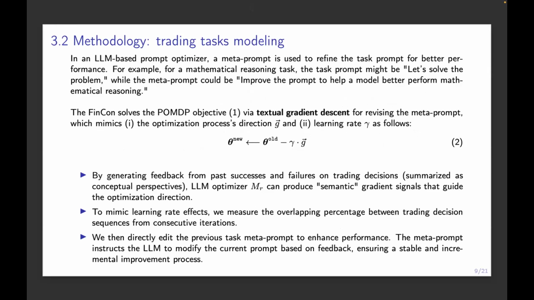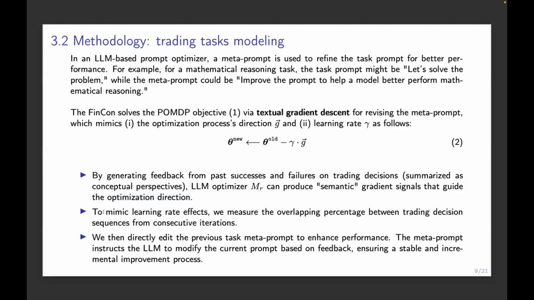Firstly, by generating feedback from past successes and failures on training decisions, which is summarized as conceptual perspectives, the large language model optimizer can produce semantic gradient signals that guide the optimization directions. So the optimization direction is given by textual information. It's not a real vector, it's just textual guidance.